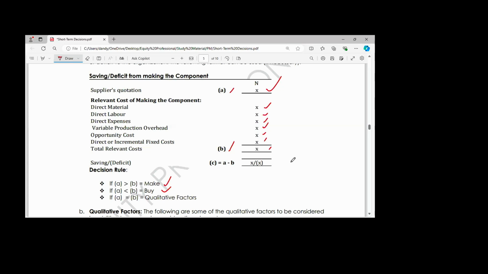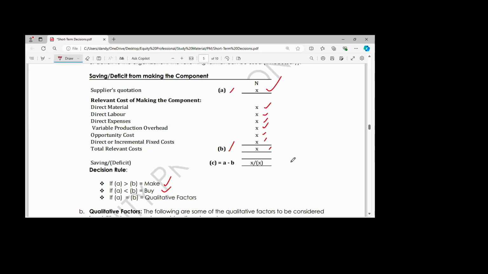Not only that, if the company decides to produce the components internally, another factor the company should consider is to ascertain if sufficient storage space or facilities are available.